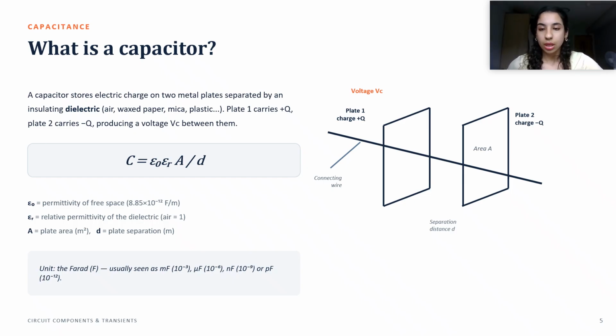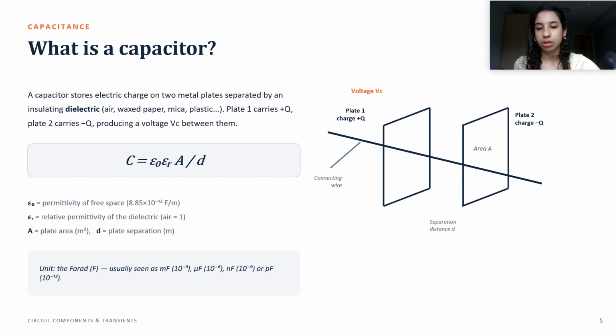As you see, the formula uses epsilon, another Greek letter: epsilon 0 times epsilon r multiplied by A over D. And what are the units? The units are farads, named after the person who found out about it, as is always the case.